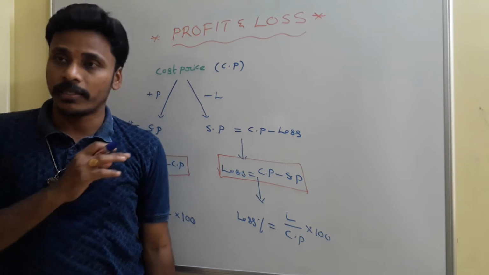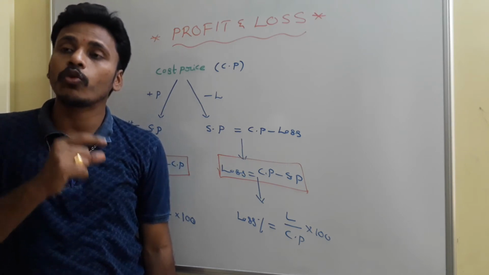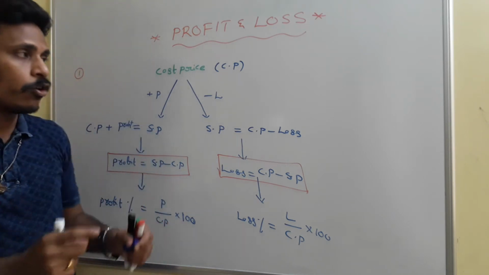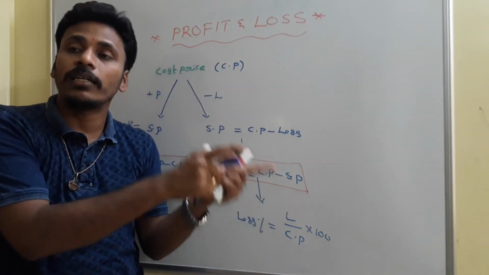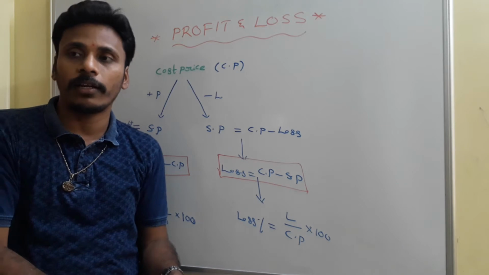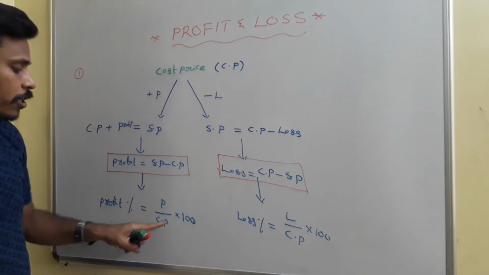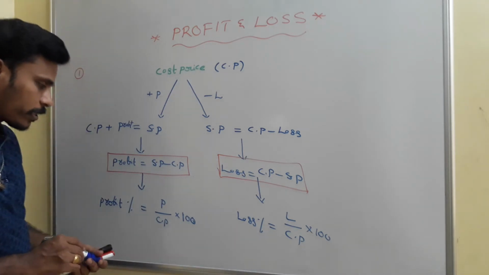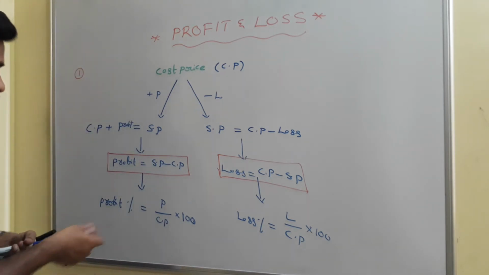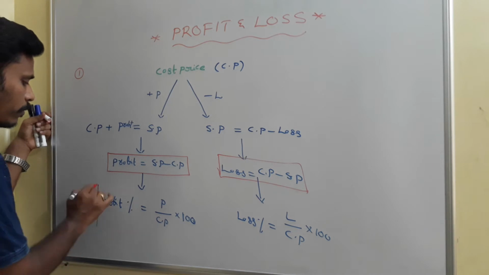As we discussed in percentages, if you are going to calculate an amount as a percentage of the other, that other quantity should be in the denominator, and that's why profit by cost price into 100 and loss by cost price into 100. This is profit percentage, and that is loss percentage. Okay?